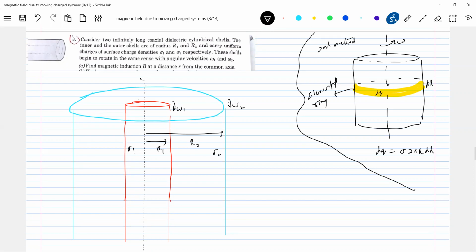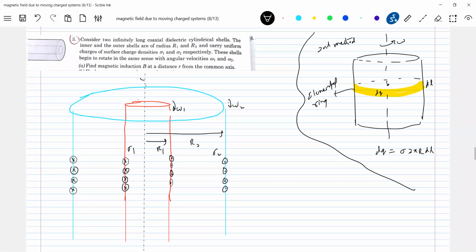Now get into the problem. Here you just don't go for all that mathematics directly. You know the formula. Here the current will be out of the plane. Current due to this will be into the plane. Or else you can assume a ring concept and bring it. It's left to you, either one. So here also it will be out of the plane. Here it will be into the plane.